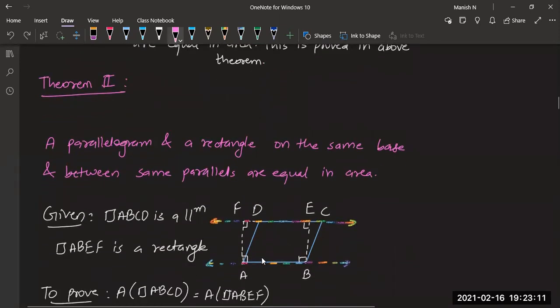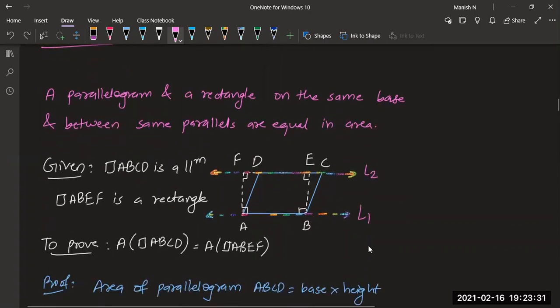We are given that L1 is parallel to L2. Quadrilateral ABCD is a parallelogram, and quadrilateral ABEF is a rectangle, this is given, right?